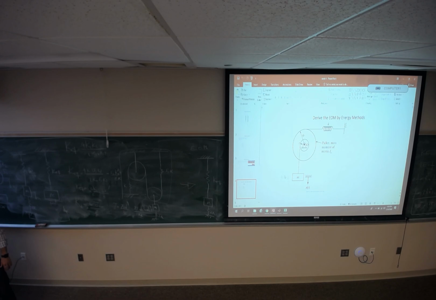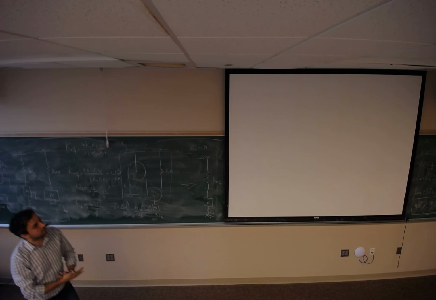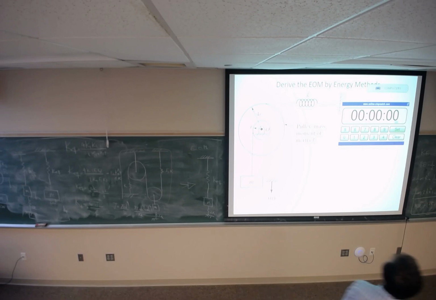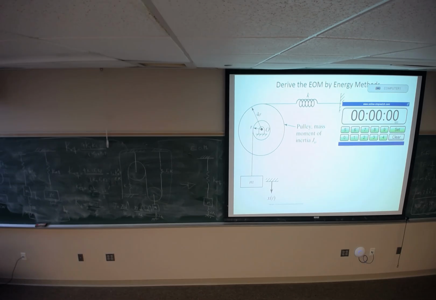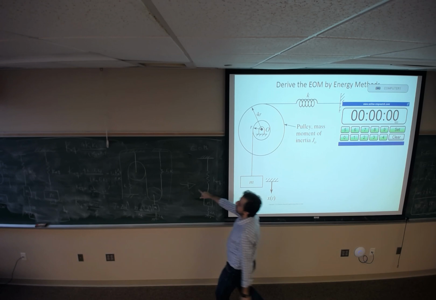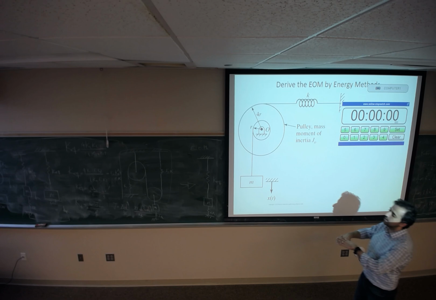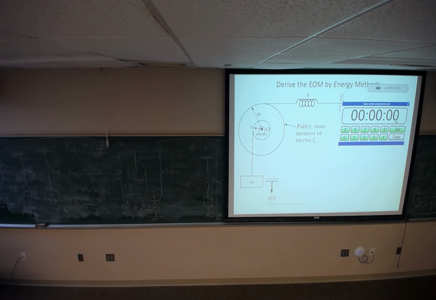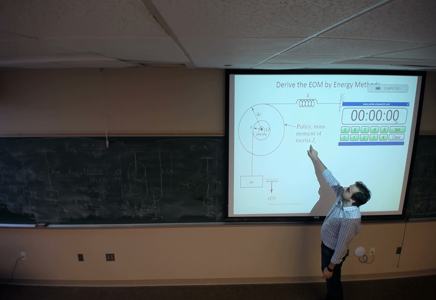Now, we have this pulley. So far, the pulleys that we had, we assumed that they are massless. There is no mass, so we didn't consider the kinetic energy for the pulleys. But now the pulley has a mass, and the mass moment of inertia for the pulley is J naught.